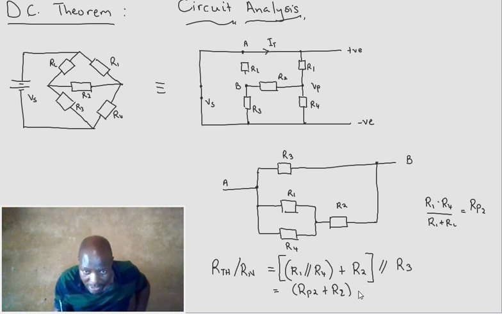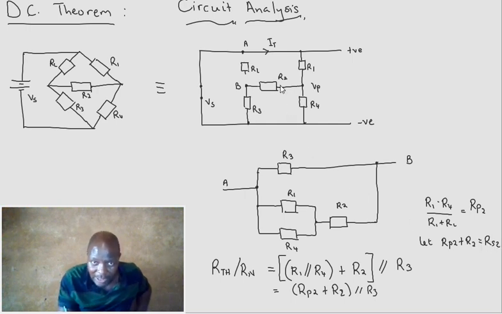Whatever parallel value we get here is going to be added to that, and that's R series 2, and that is parallel to R3. What does it mean? It means R parallel 2 plus R2 will be called R series 2. Why? R series 1 was taken there, right?